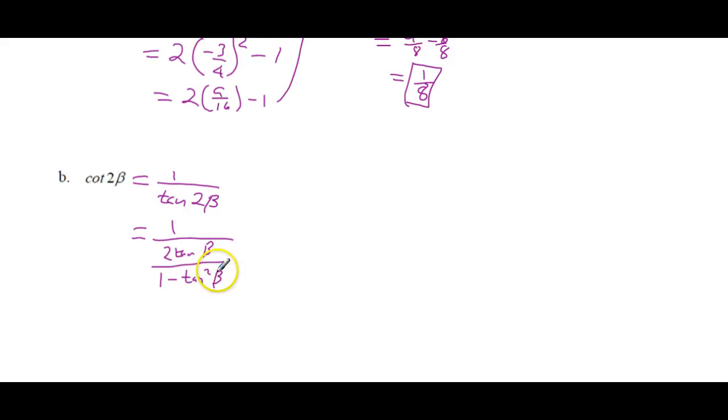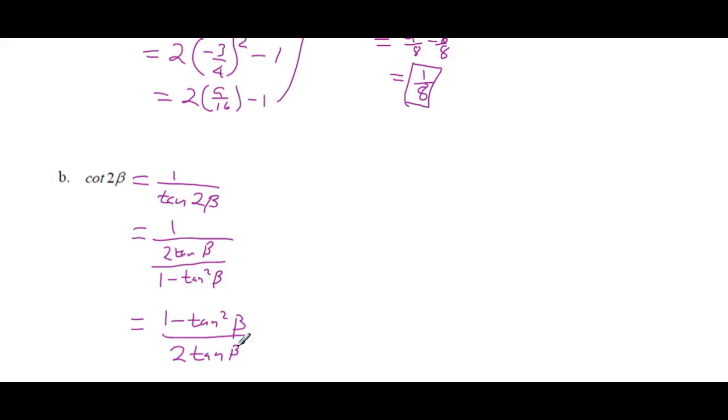So we have 1 over that, so we're just going to flip this over. We're going to take 1 and multiply it by the reciprocal: 1 minus tan squared beta over 2 tan beta.